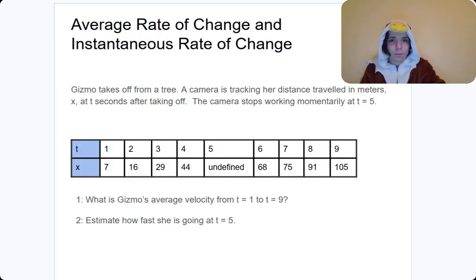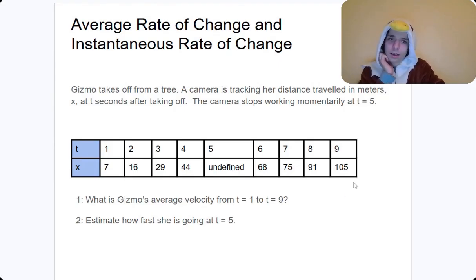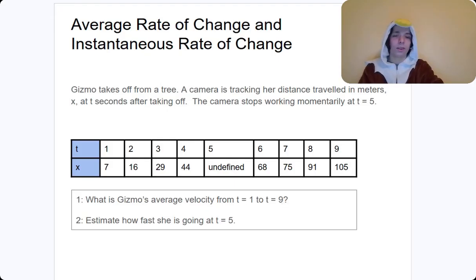So that's 105 minus 7, which is 98, and 9 minus 1 is 8. So it's going to be 98 over 8, and it's 12.25. So you could say Gizmo's average velocity is 12.25.